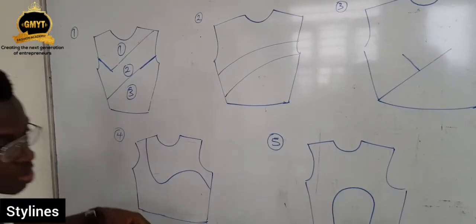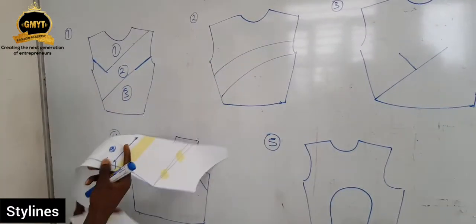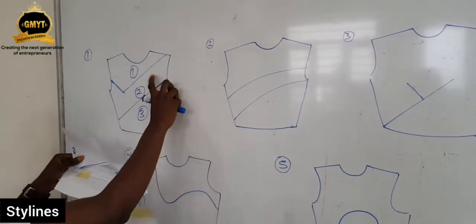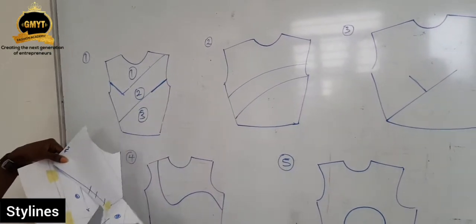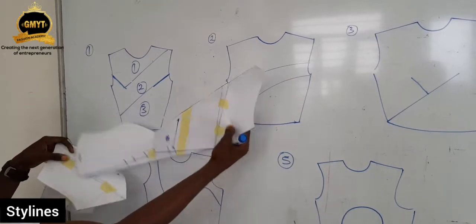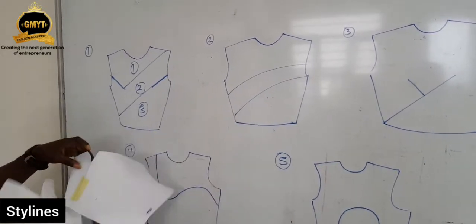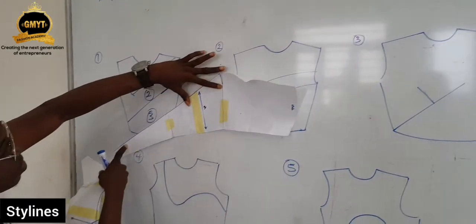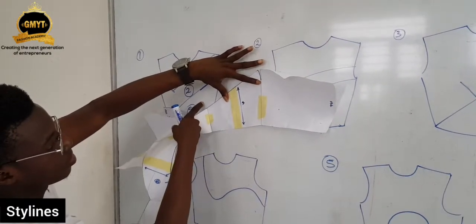I have my second piece, which is my number 2. And I also have my third piece, which is my number 3.